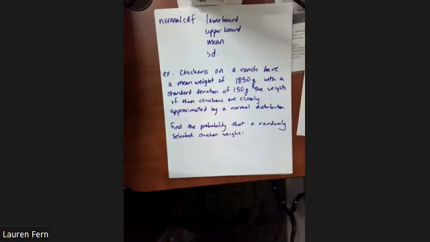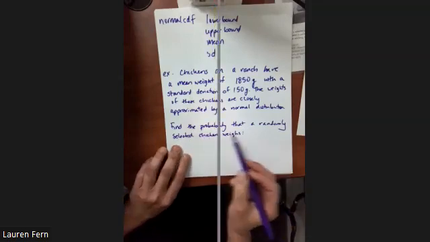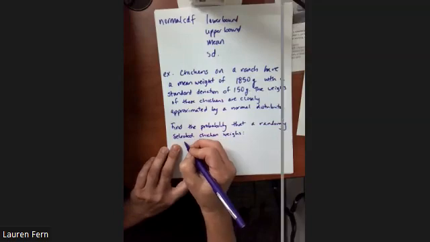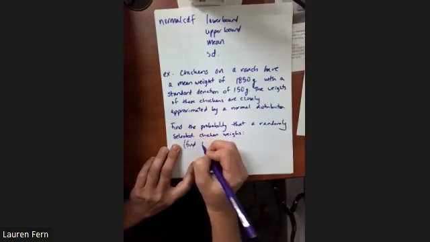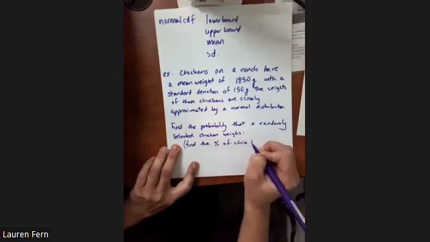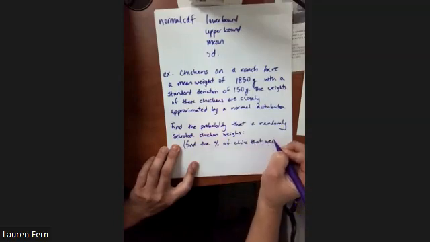But I want to give you a moment to write this down. Another way to say find the probability that a randomly selected chicken weighs, we could also say find the percent of chickens that weigh whatever amount.